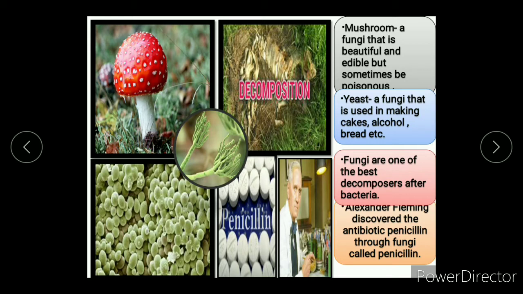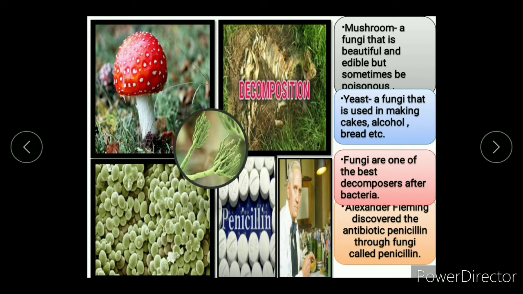Mushroom is made in labs and also grows naturally. People eat them in different ways, and you must have eaten them in pizzas, like I have. But mushrooms are not always good or edible.